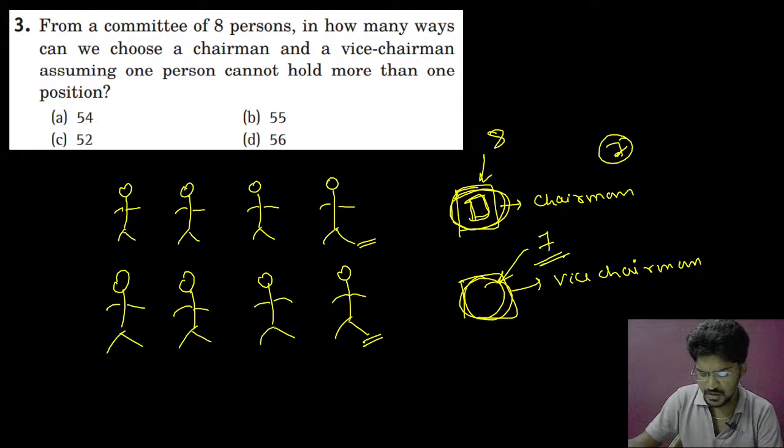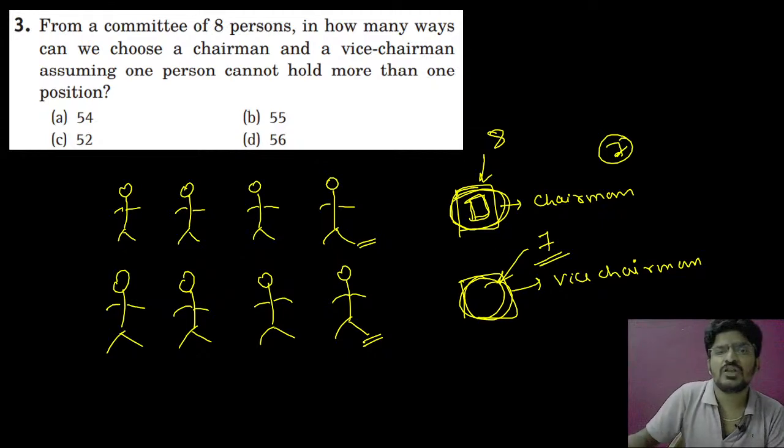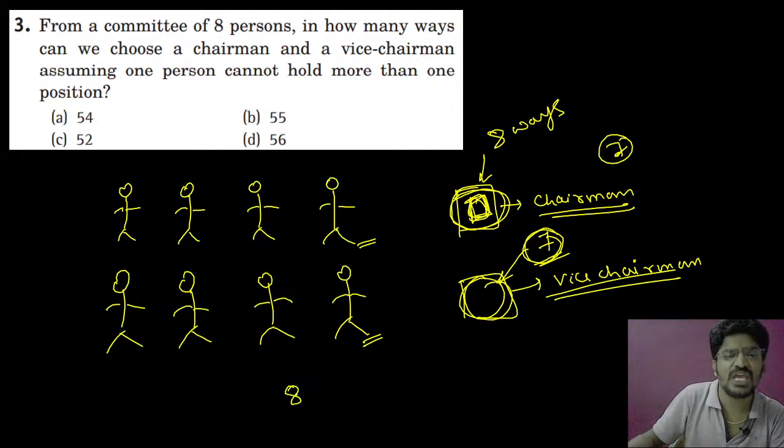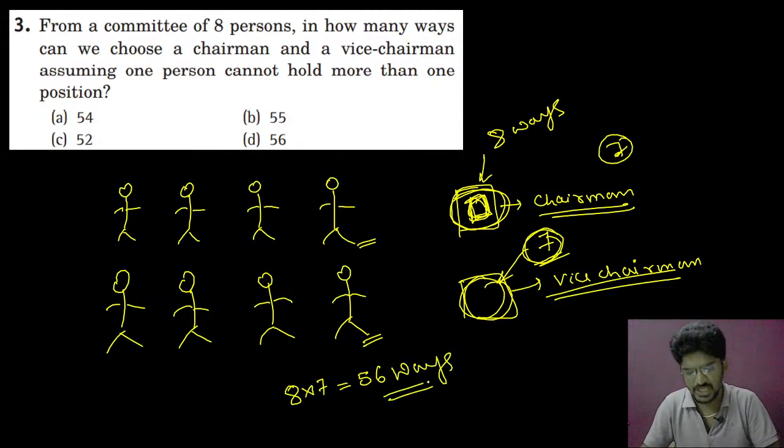Okay, so for the chairman we have 1 position. The chairman has got 8 ways for selection and the vice chairman has got 7 ways. So now you can just see 8 into 7, 56 ways are there to choose chairman and vice chairman.